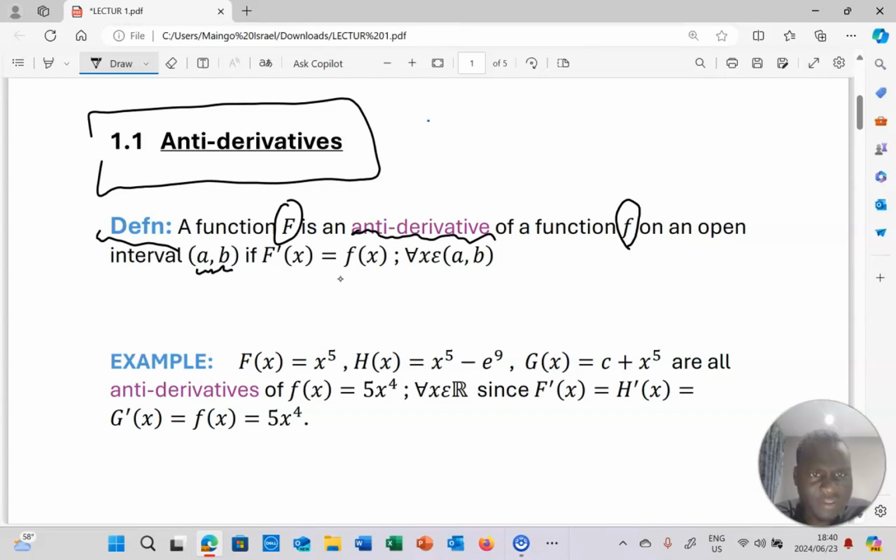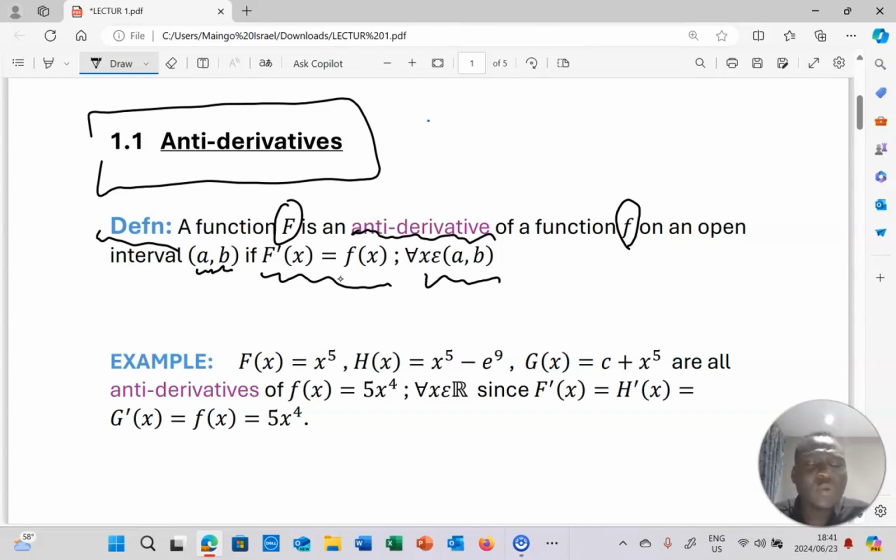So a function F is an antiderivative of a function f on an open interval (a, b) if F prime of x is equal to f of x for all x inside the interval (a, b).